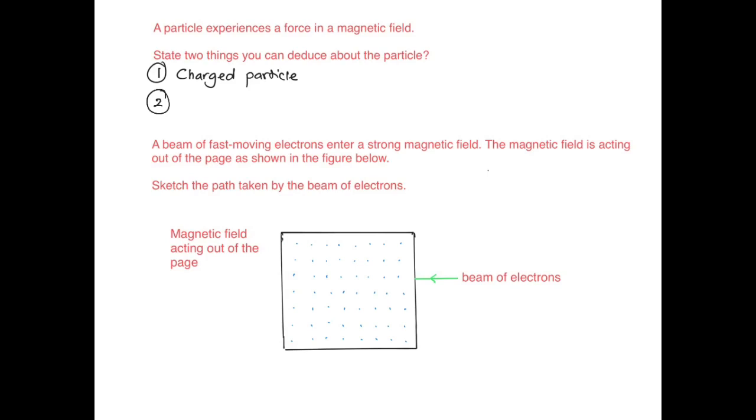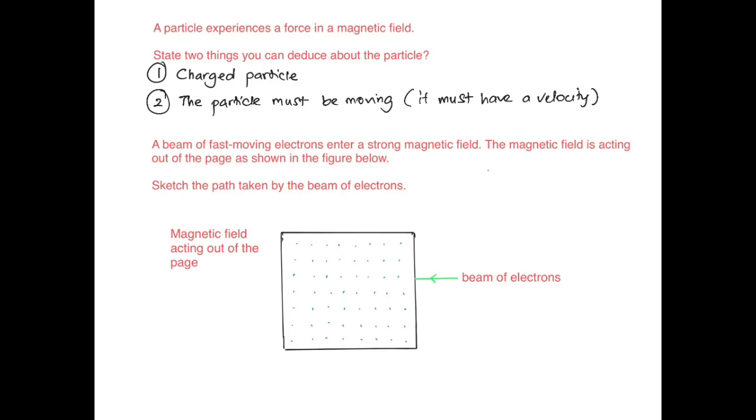So the second condition is that the particle must be moving, or it must have a velocity. So when these two conditions are met, then it will experience a force.